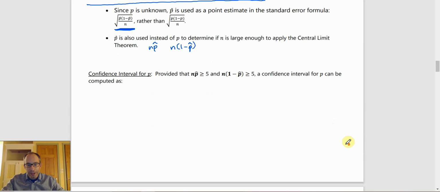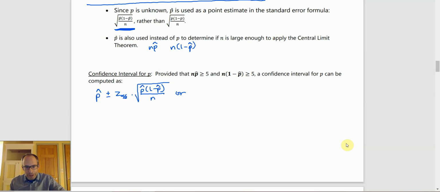So the way that you would compute the confidence interval is going to look like this. You're going to have your point estimate of p hat, then plus or minus your critical value, which our book would write as z sub alpha over 2, times the square root of p hat times 1 minus p hat over n, that whole thing underneath the radical.